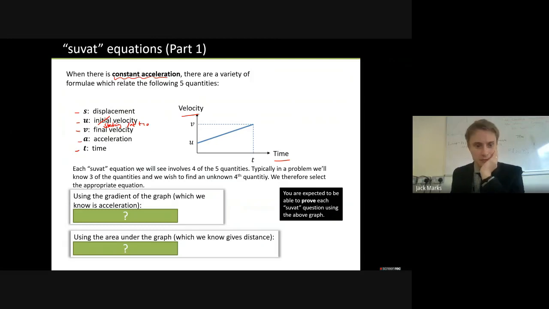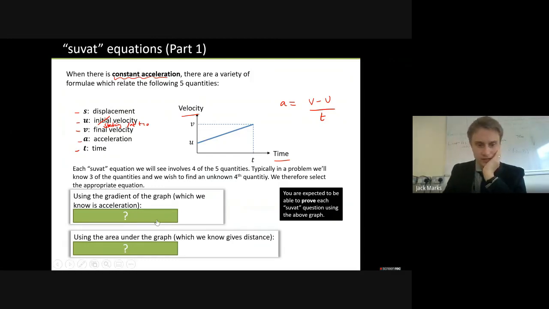For example, if we look at the gradient of the graph, you might remember that the gradient of the graph showed acceleration. So the gradient of this would be the same as the acceleration. Well, what is the gradient? It's the difference in y's, which is v minus u, divided by the difference in x, which is t in this case.